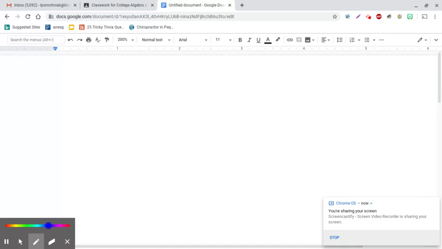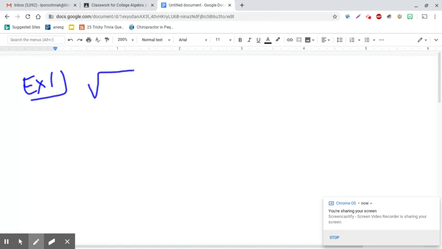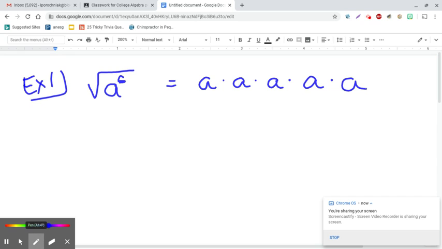Today we're going to continue with simplifying radicals, but now we're just going to worry about variables. To give you an example, let's look at example 1. Let's find the square root of a to the 5th power. If you really think about it, a to the 5th power means a times a times a times a times a. If we did the same method we did for our numbers, we're looking for pairs.